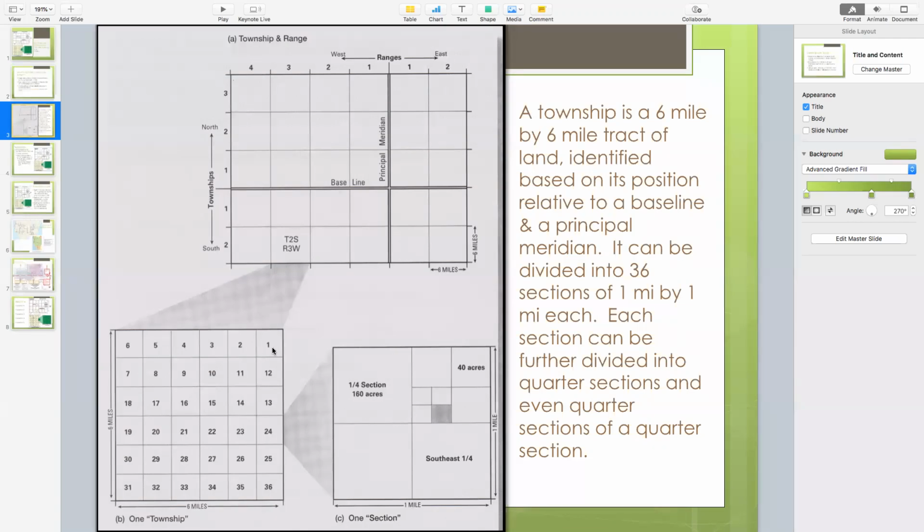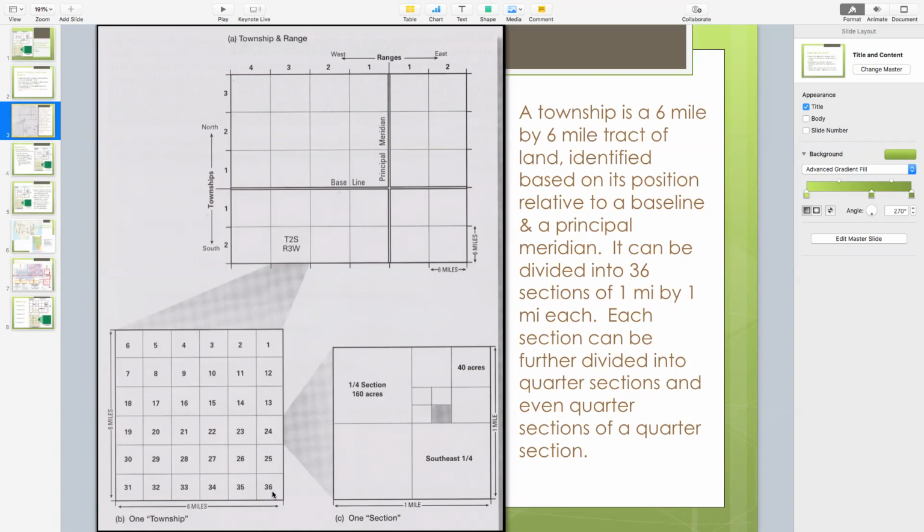The labeling starts in the northeast corner of the township with number 1, and it snakes around. So we have 1, 2, 3, 4, 5, 6, and it snakes down 7, 8, 9, 10, 11, 12, snakes down 13 through 18, snakes down 19 through 24, snakes down 25 through 30, and snakes down 31 through 36.